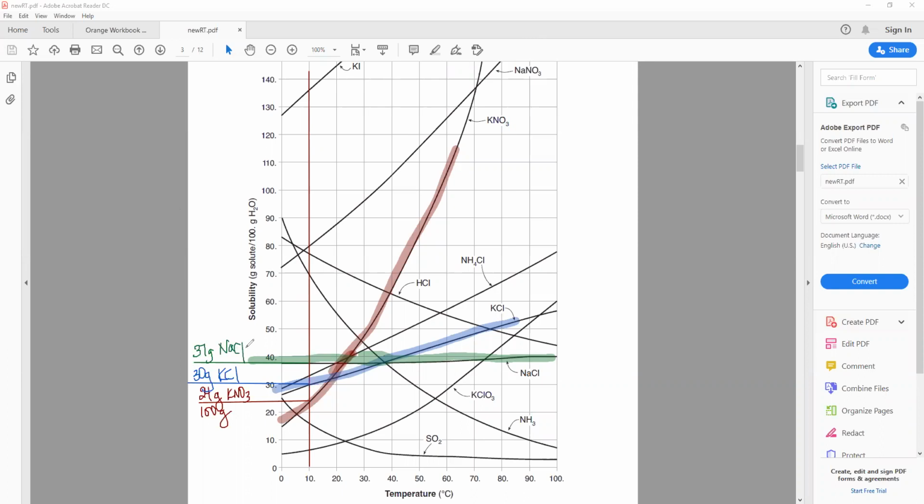And the final one is NaNO3. NaNO3 is over here. So when I draw that, I'm going to say approximately 80 grams.